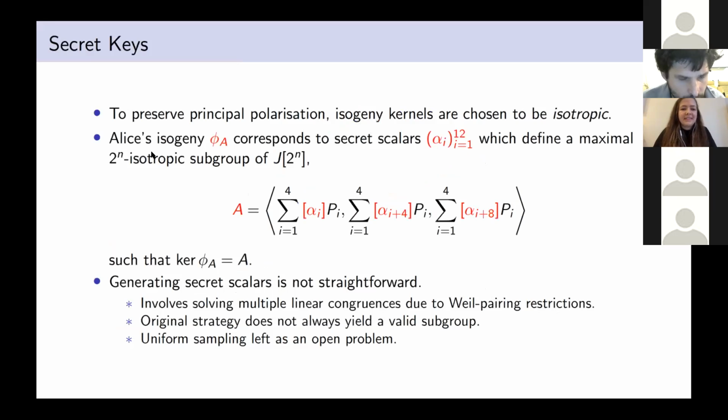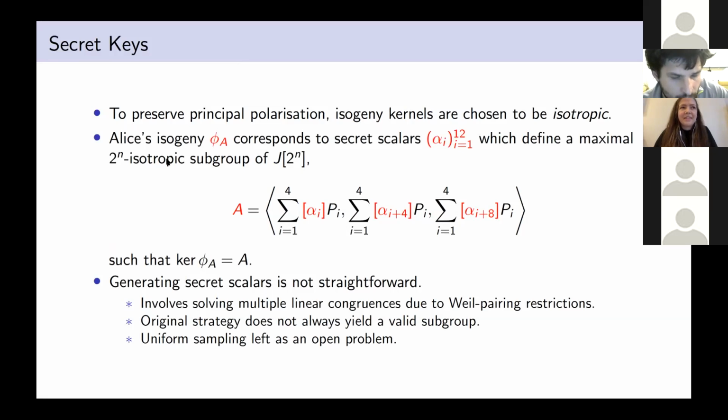These sequences of isogenies are determined by some secret scalars. In order to make the whole protocol work, we need to only consider isogenies of a certain type. These are the isogenies which have a maximal isotropic subgroup as a kernel.